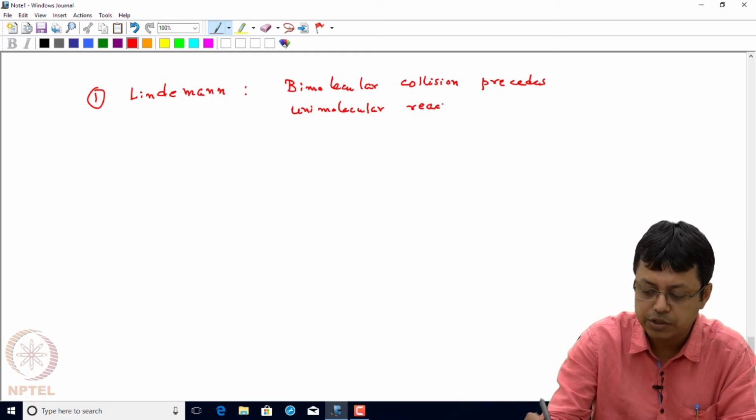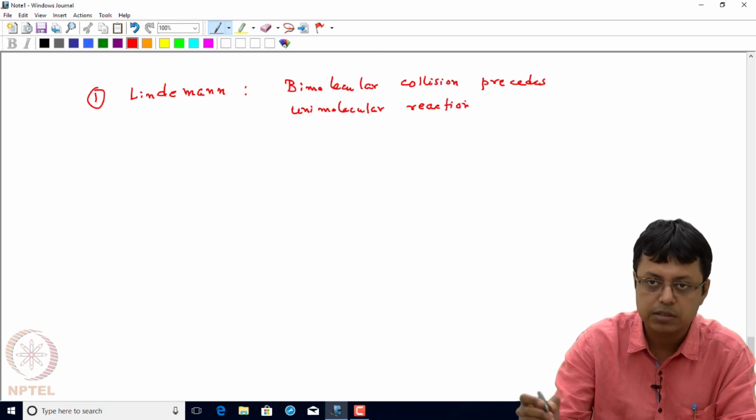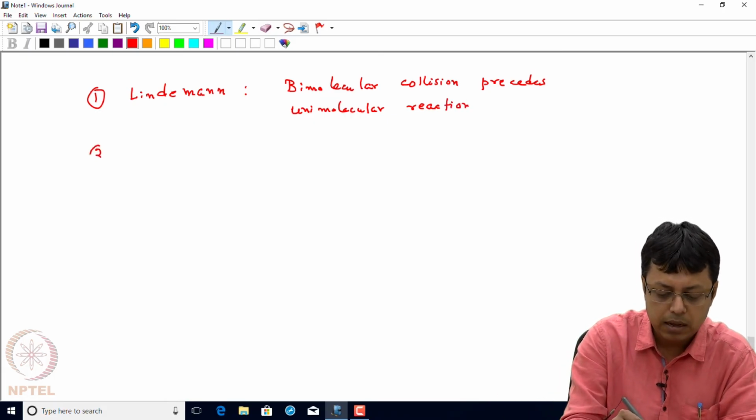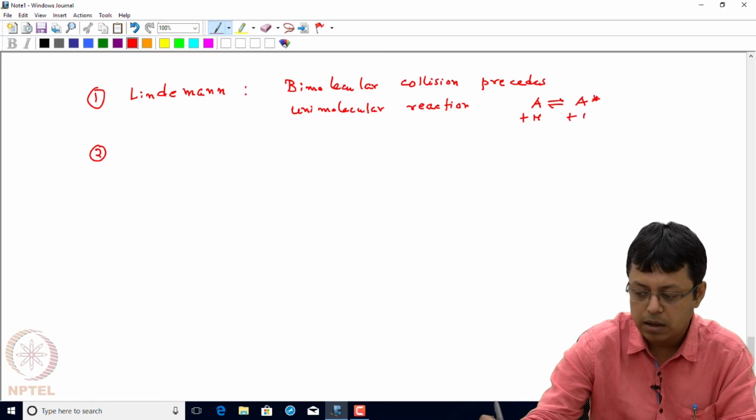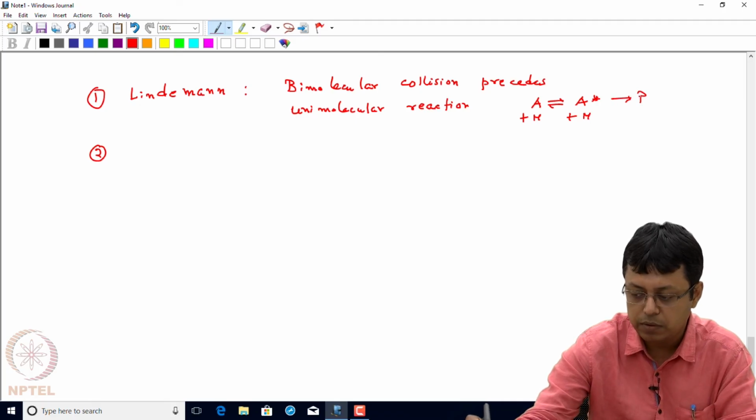This is basically collisional activation: A reacting with M gives you S star, and this S star gives you the product.